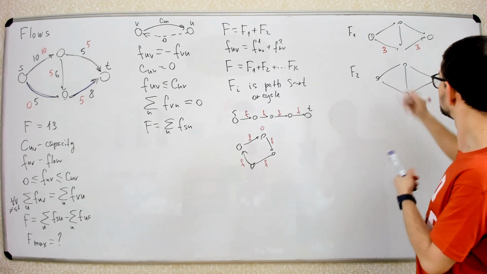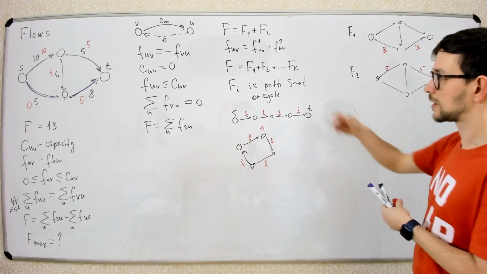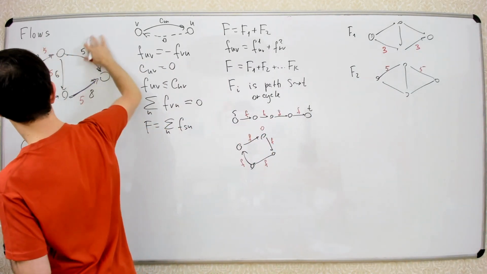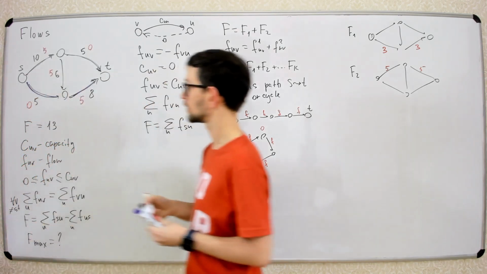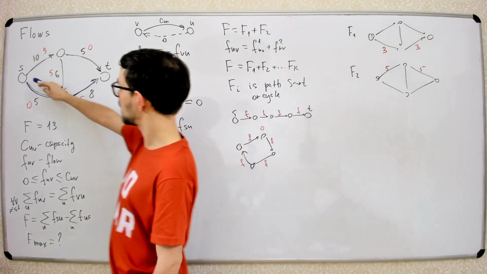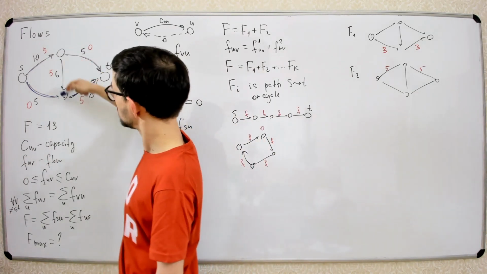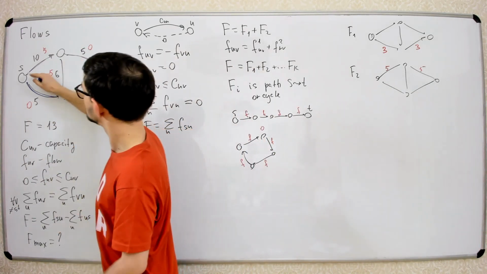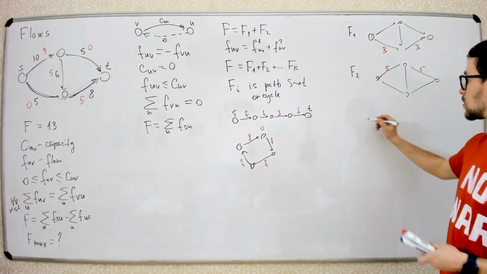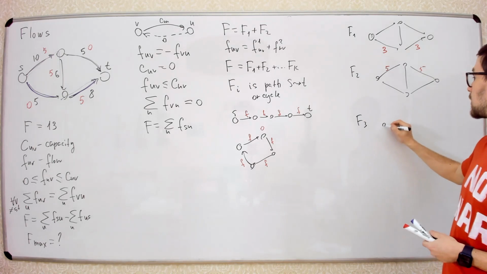Now again you subtract this flow. So we have 5 here and 0 here. And finally you do it again. Again you start from the source node, take any positive edge here, any positive edge B, any positive edge G. So find this path, and again your third flow will look like this.